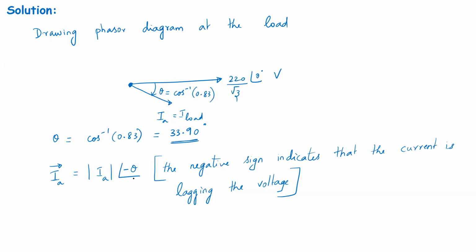Now, with this value known, let us calculate the magnitude of the armature current. When we connect a single machine to an infinite bus, the real power P, 3 phase, is given by the expression 3 times V phase I phase cos theta.